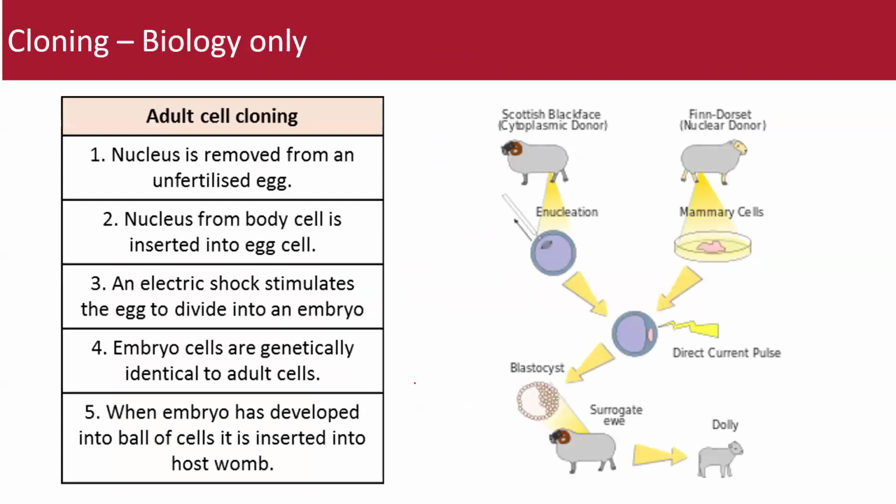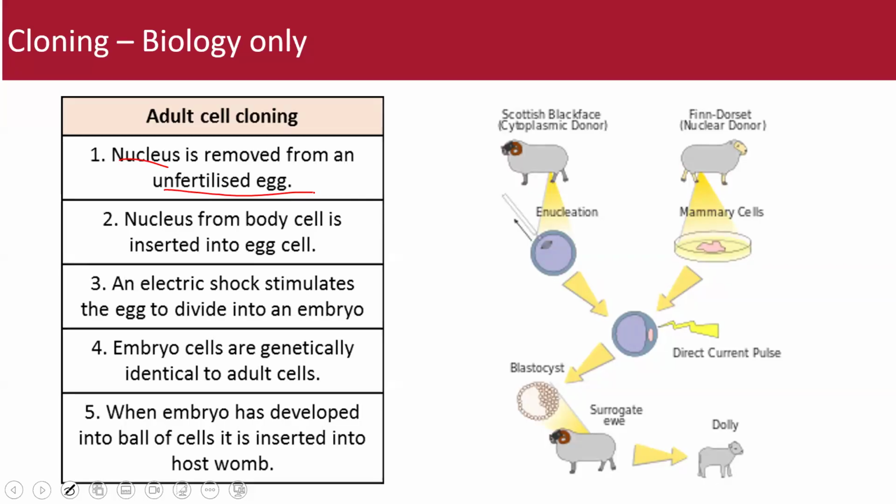Cloning. Okay, so this is now our last little sections: cloning, photosynthesis and mutations. We've talked about cloning in these sessions before. A nucleus is removed from an unfertilized egg.